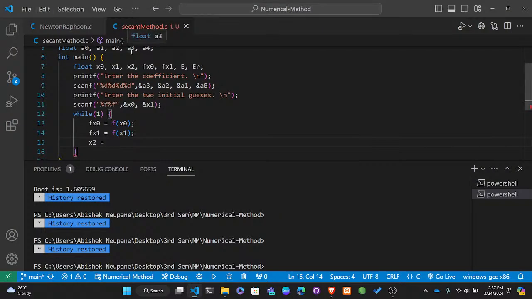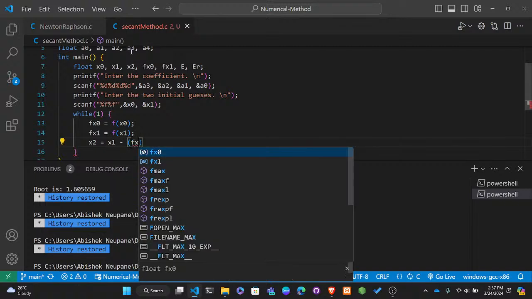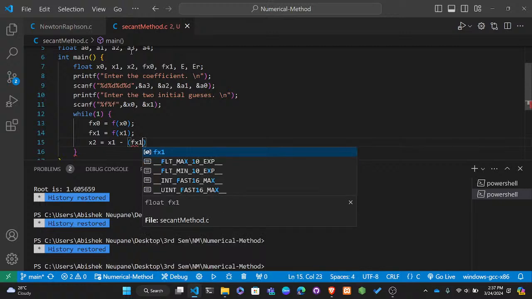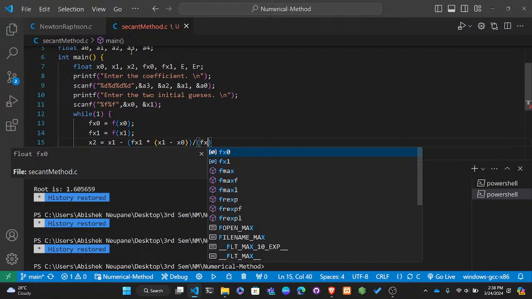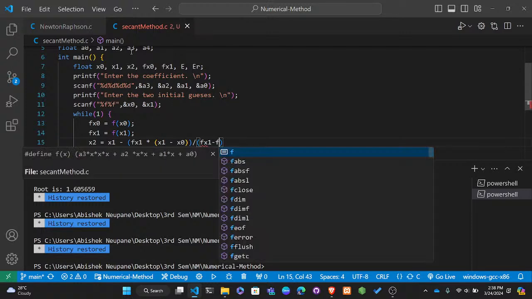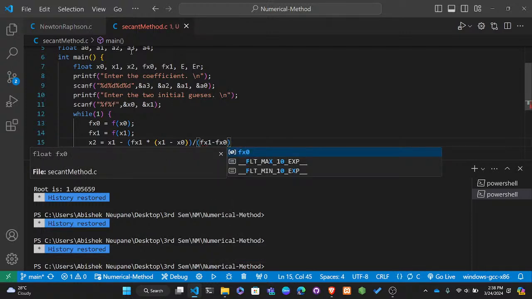That will be x2 = x1 minus f(x1) multiplied by (x1 minus x0) upon f(x1) minus f(x0).